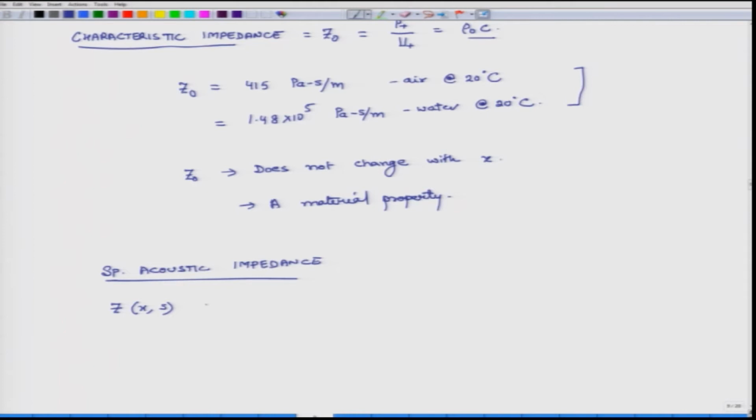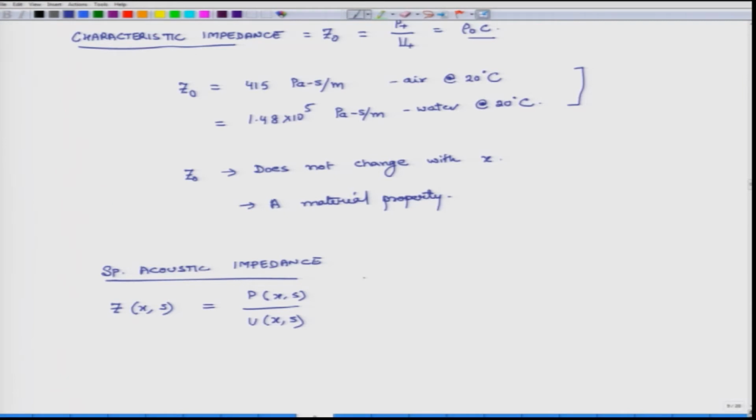And how do I define it? It is a function of 2 functions. In the numerator we have complex pressure amplitude, and in the denominator complex velocity amplitude.